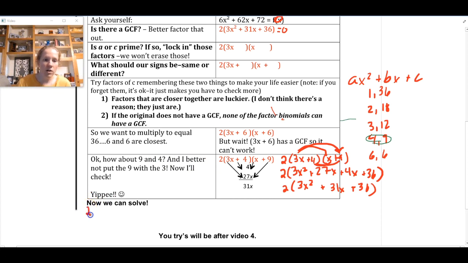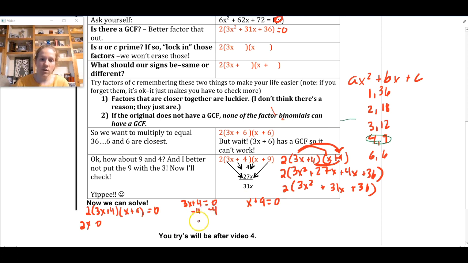Remember that in order to solve, you're going to take your factored form and set each factor equal to 0 because this whole thing is equal to 0. So 2 equal to 0, well, no, it's not. That doesn't represent a solution. 3x plus 4 equal to 0, though, I can solve that and get a solution, and also my x plus 9 can be set equal to 0.